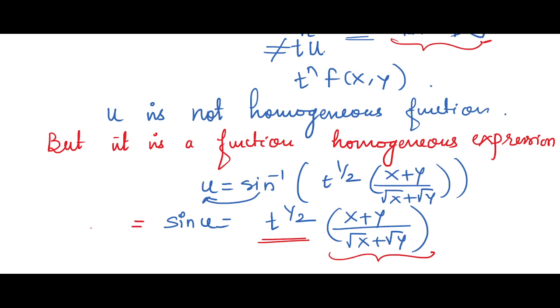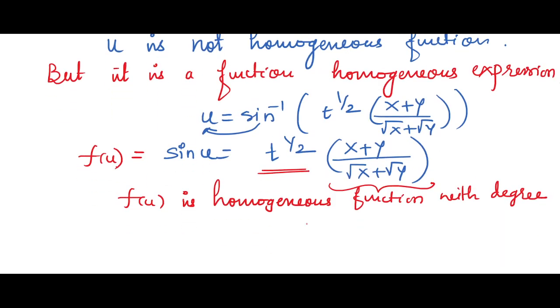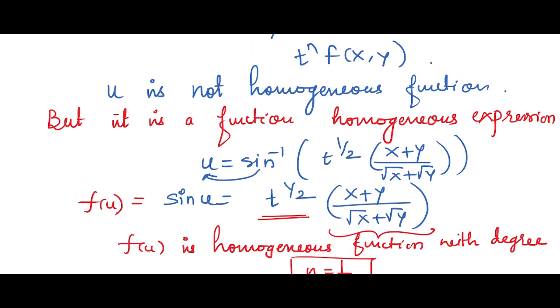So if I take this as f of u, then f of u is a homogeneous function with degree n is equal to 1 by 2. So the given function u is not homogeneous, but when we take sin u, which we denote as f of u, this f of u is homogeneous.